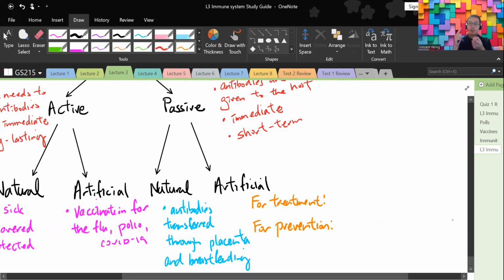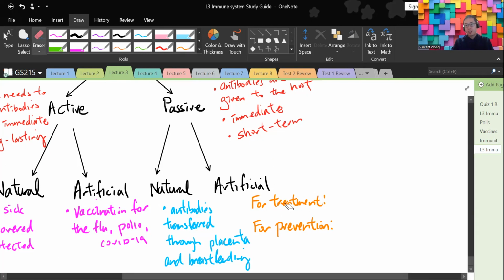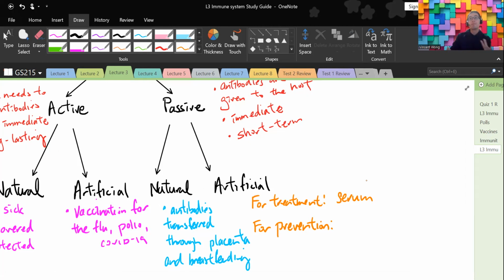So that's dangerous because you might potentially expose yourself to hepatitis, right? So as a prophylactic treatment, right, you can receive a serum, right? A serum is purified antibody from people who are immune to the disease.